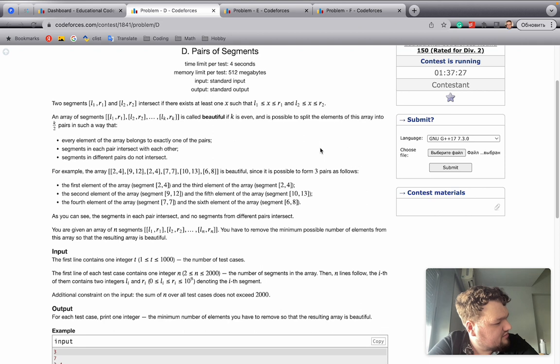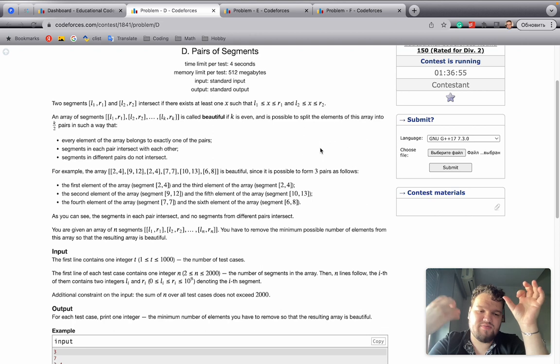Like DP, where basically we're going left to right. So let's sort the segments by left border, for example. And I want to store what was the last segment I have taken.